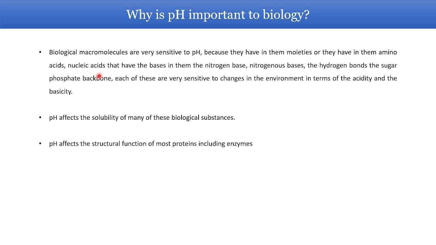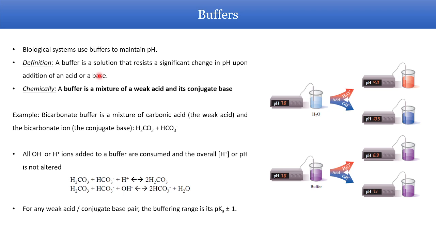Enzymes are your proteins, a combination of different amino acids. So affecting the pH of this particular solution or the body can lead to loss of structure as well as function. Therefore, pH plays a very important role in biology.